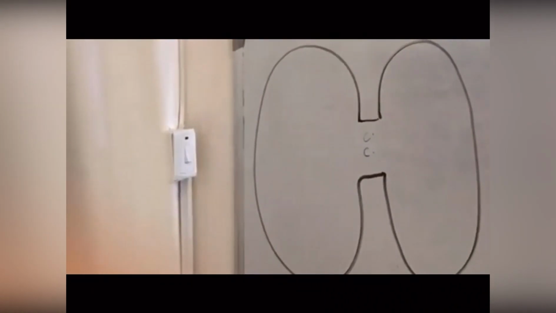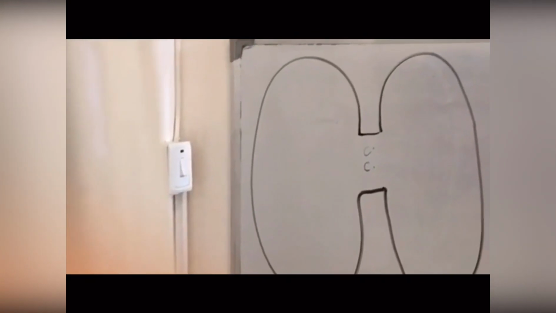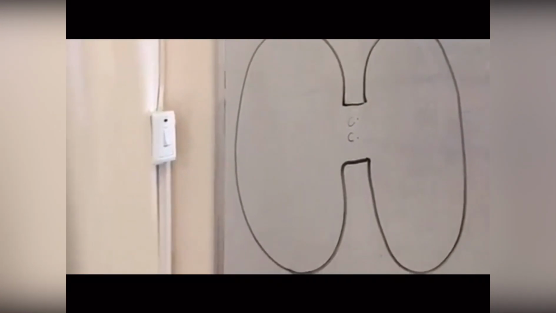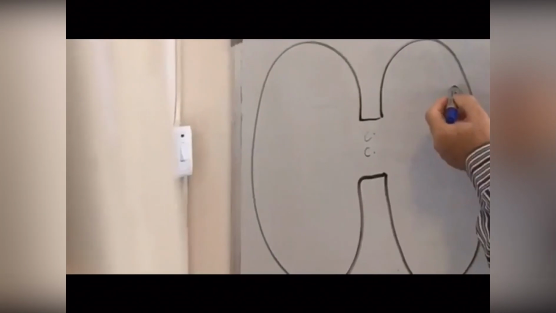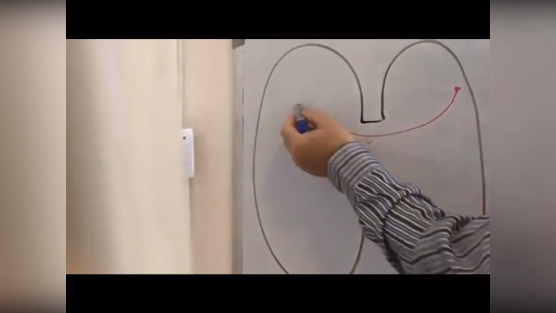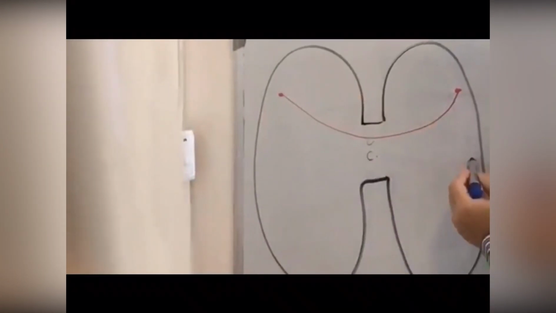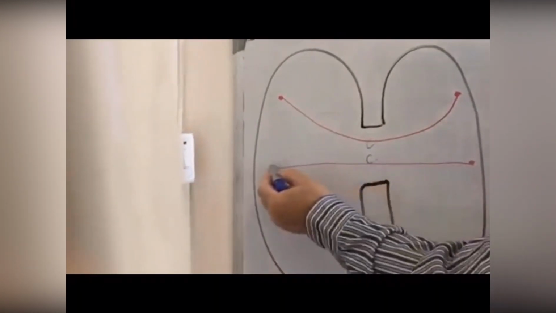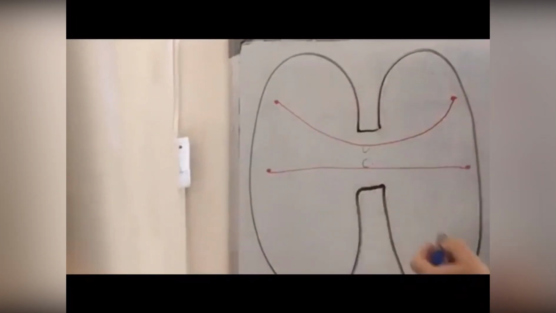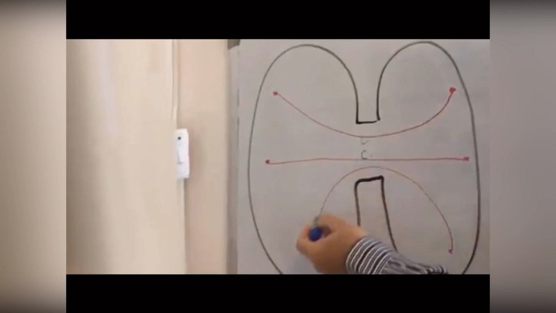We have 3 types of fibers. The first one, we call them commissural fibers. They are connecting one part of a hemisphere to the same part of the other hemisphere. One part of a hemisphere to another part of the other hemisphere, but in a similar region, like this one.